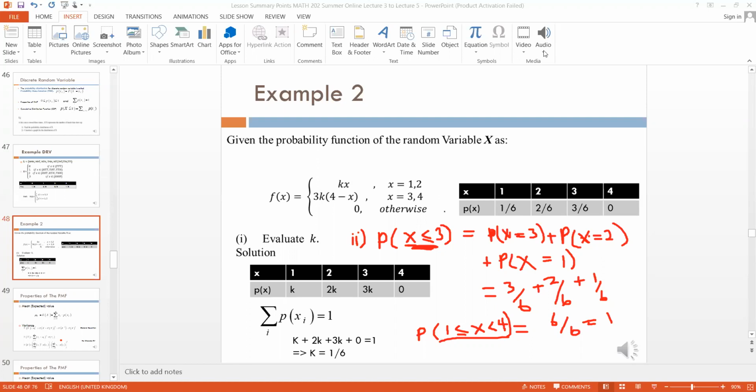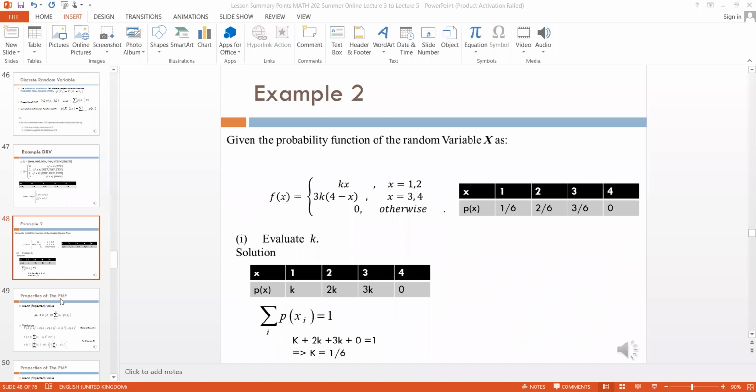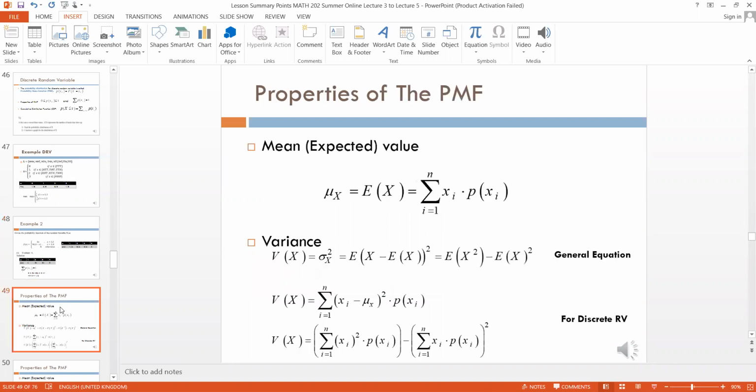Next we're looking at the properties of the probability distribution. The first property of the PMF, that's probability mass function, is the mean. So you take note of the formula.